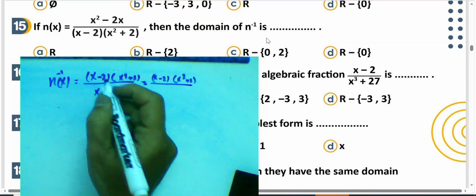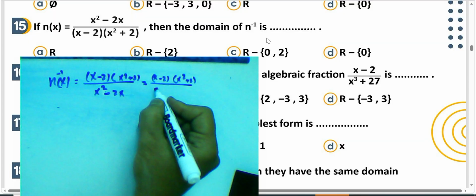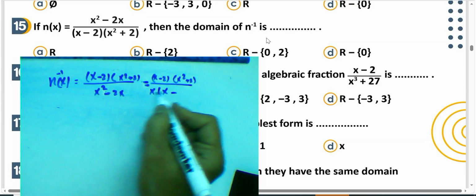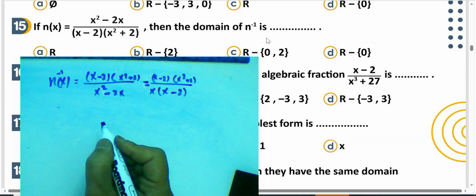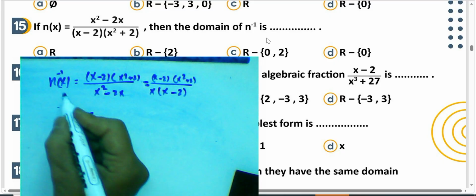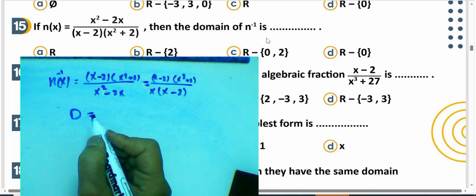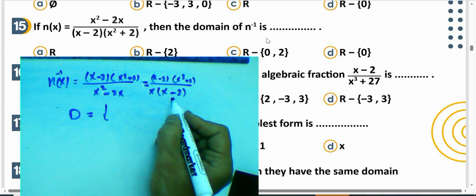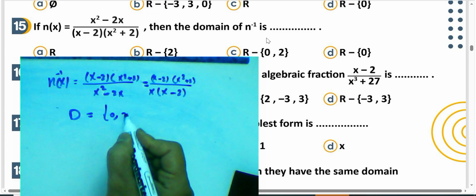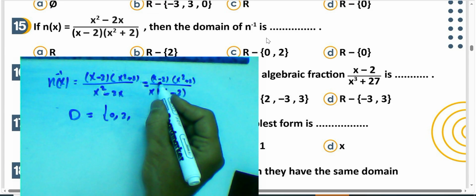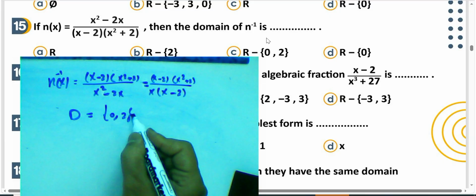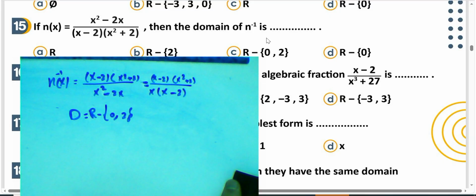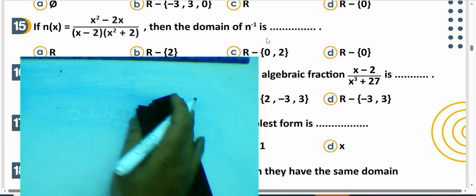And down, you can write x as a common factor: x power 2 divided by x equals x, and 2x divided by x equals 2. Then the domain of n power minus 1 will be the zeros of the numerator and denominator. We can write 0 and 2, and we have 2 also, and we don't have it here. Then we have 0 and 2 also. R subtract 0 and 2. Choose letter C.